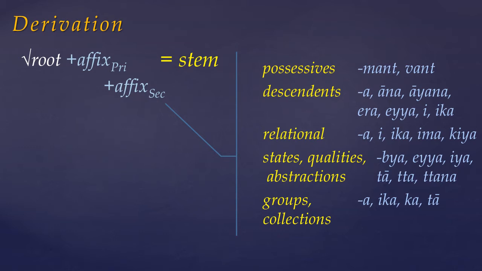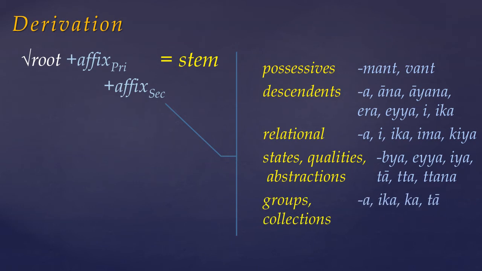There are many more than I've shown here, and they can be roughly grouped into those which indicate possession, descendants or lineage, also called patronymic, those that form relational nouns, or show states, qualities or abstractions, and those that imply groups or collections.